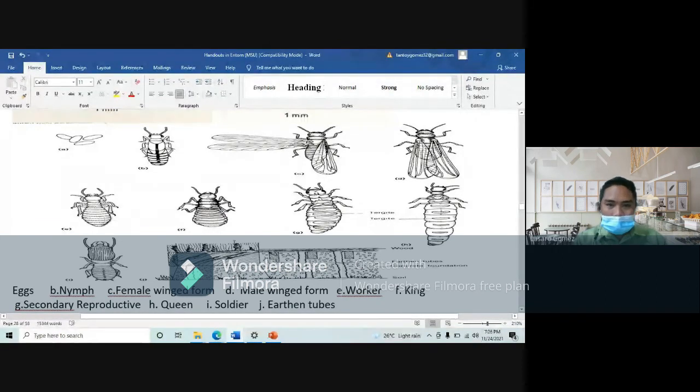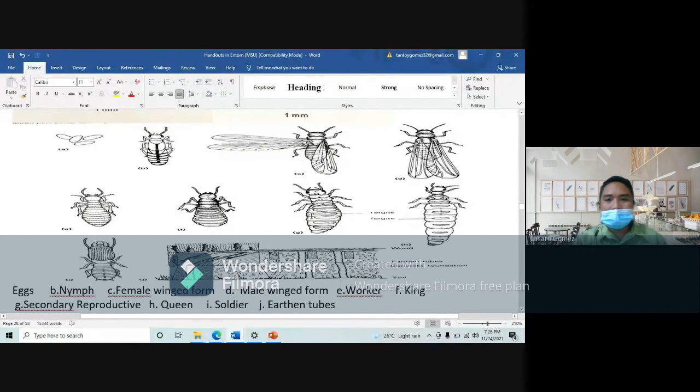Okay, this one is the female, letter C. This is the female winged form of an insect. And this is the male winged form of the termite. Okay, this one is the worker of the termite. Okay, this is the secondary reproductive.